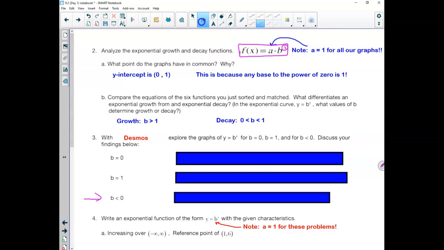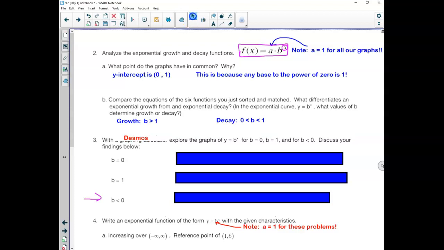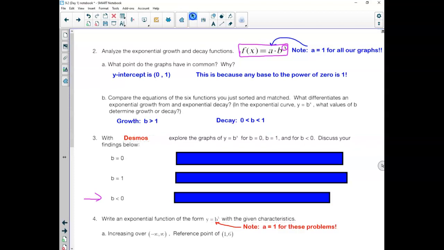So what I really want you to do is, I'm not going to take the time to do this, but you should take the time to do this if you really want to learn this, okay? I want you, with Desmos, to explore these 3 different graphs. What do I mean, these 3 different graphs? Well, I want you to look at y equals 0 to the x, when b is 0.